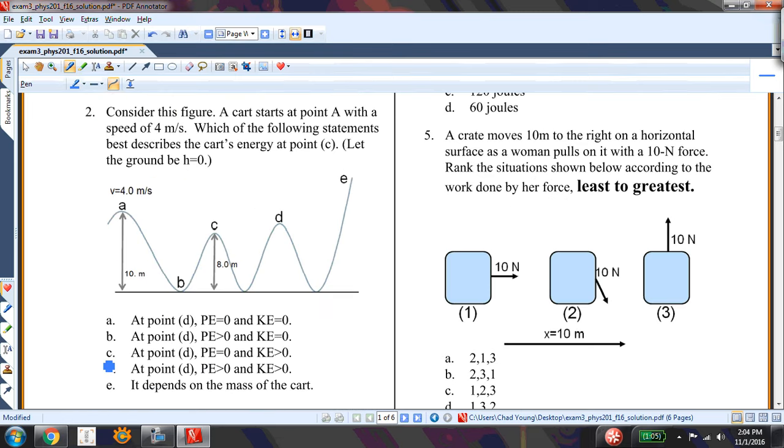Consider this figure. A cart starts at point A with a speed of 4 meters per second. Which of the following describes the cart's energy at point C? At point C, it's going to have potential energy because it's some height above the ground. It's also going to have kinetic energy.